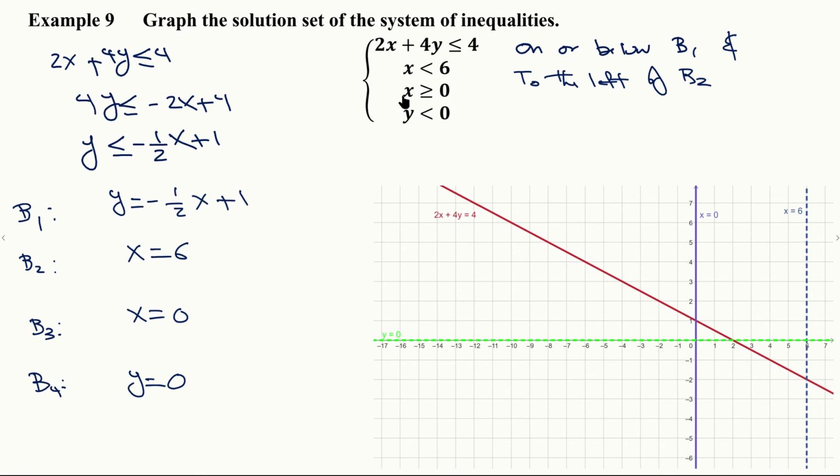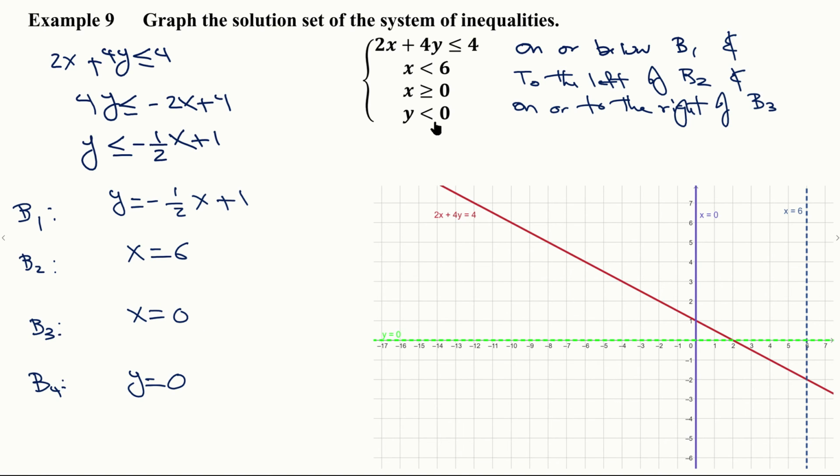For B3, we're going to be on or to the right of B3, which is this vertical line, which is the y-axis itself.